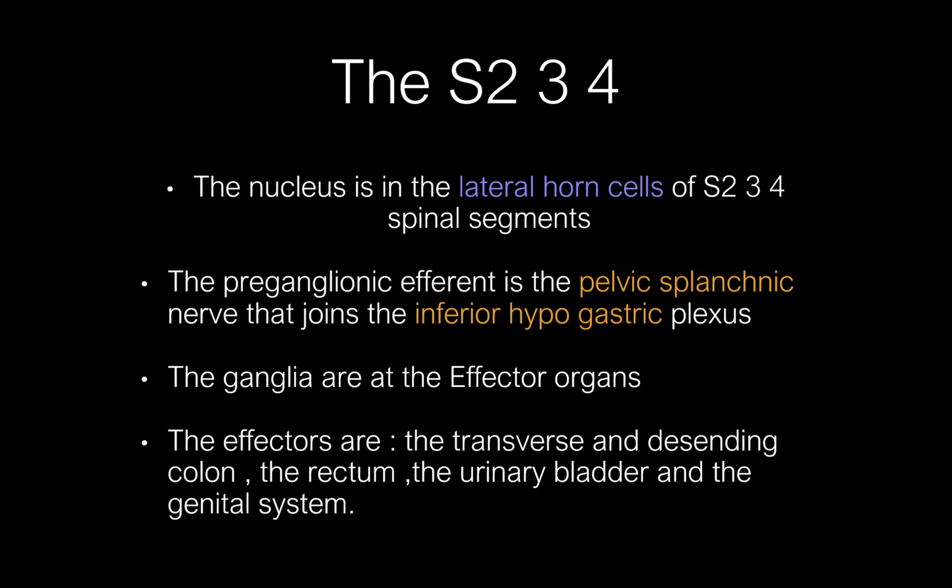The ganglia are near the effector organs, as we said, and the effectors are the rest of the intestine. The vagus was supplying up to the cecum, but the transverse colon, descending colon, rectum, urinary bladder, and the genital system are supplied with parasympathetic control from S2, 3, 4.